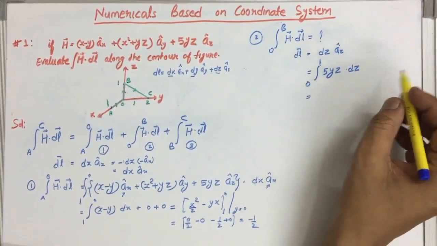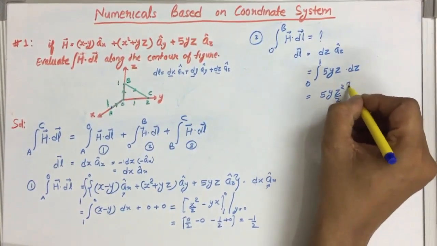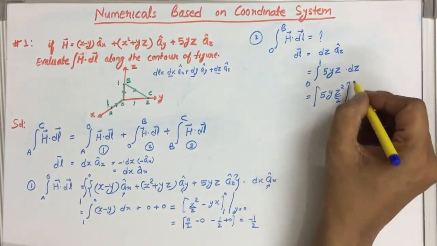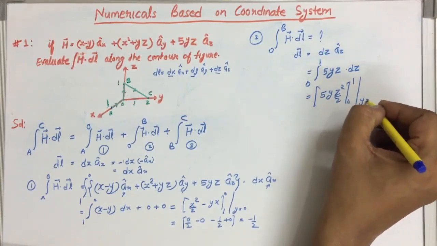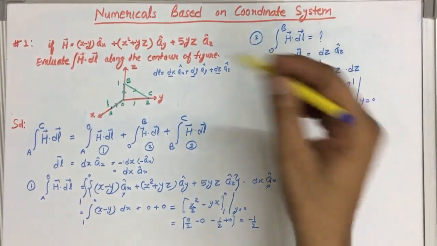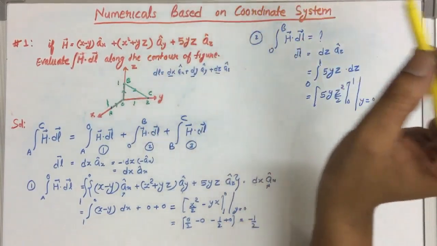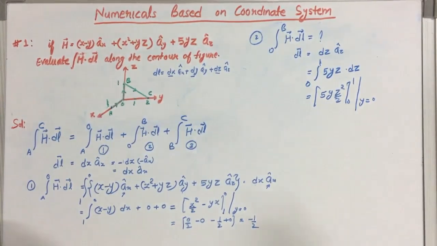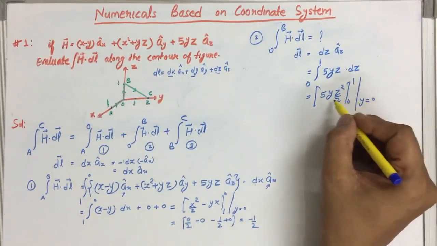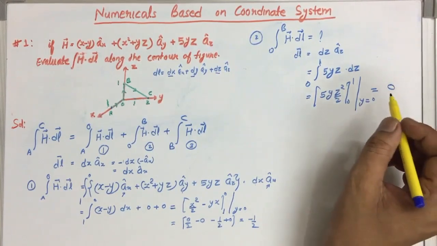Okay, solve it: 5yz square by 2, from 0 to 1, as z changes from 0 to 1. What about y? Y remains 0, because on this axis, except z, the other variables are 0. So it will be 0 for all the cases.